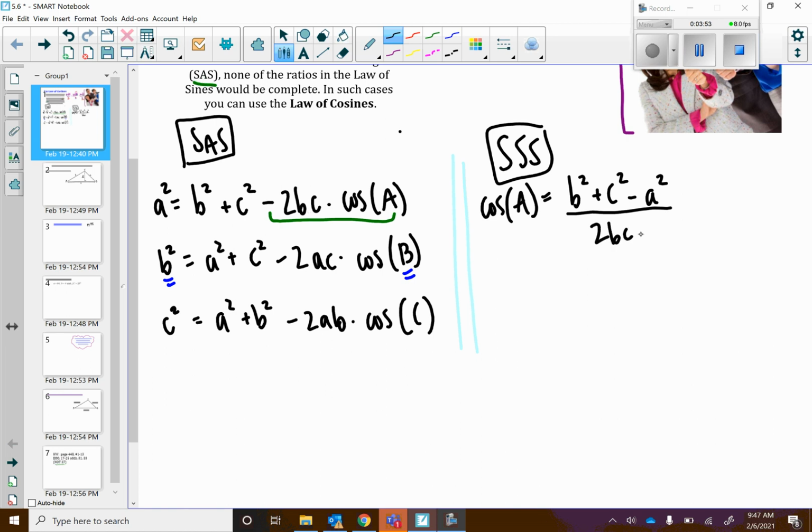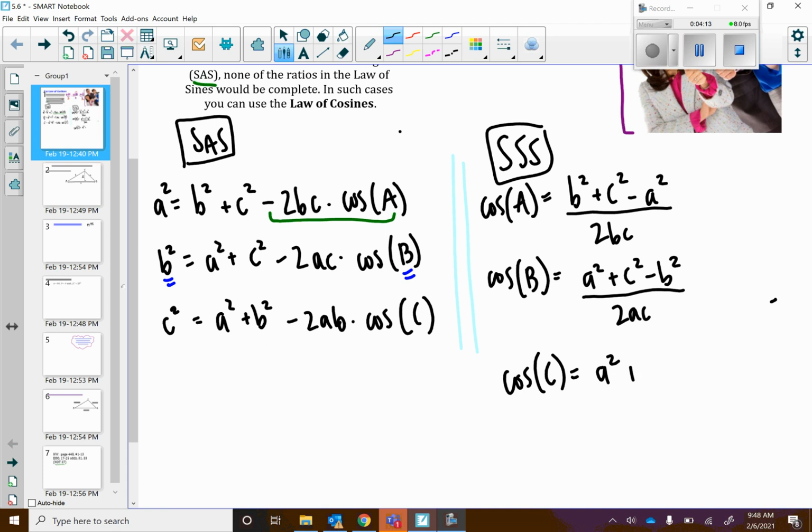So really it's just rearranging this left equation. And of course we can write these for all three angles. So cosine of B is equal to A squared plus C squared minus B squared all over 2AC. Or cosine of angle C is equal to A squared plus B squared minus C squared over 2AB.